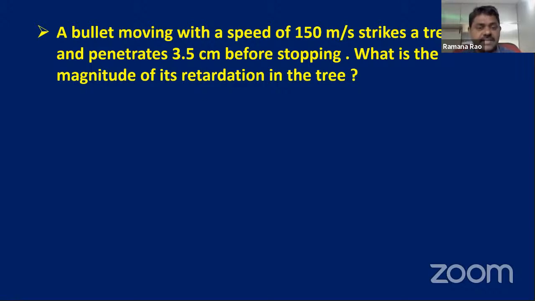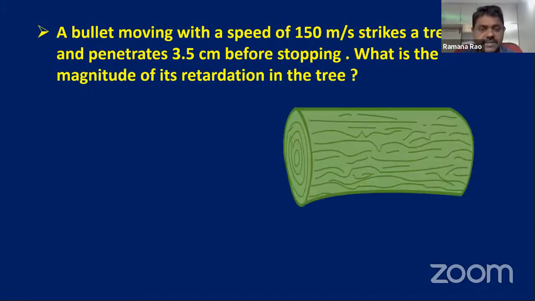As you know, retardation means acceleration and velocity act in opposite directions. That is negative acceleration. So how to find this one? This is a tree or a wooden log and this is a bullet. See children, you can analyze the problem.